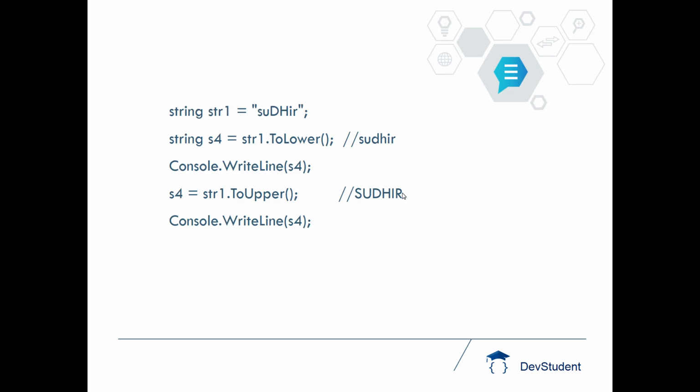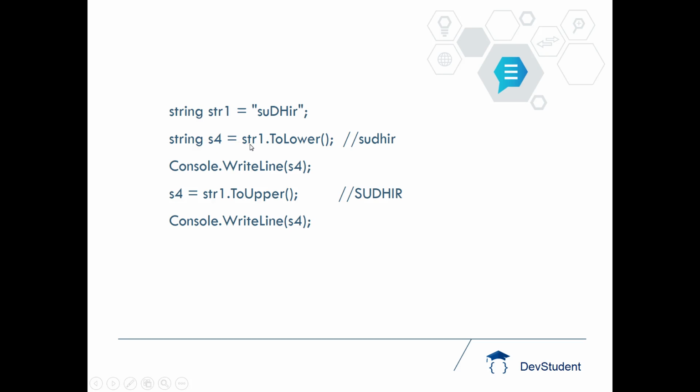Here is an example of how to convert it into lowercase and uppercase. I have a string called str1. It contains the text Sudhir, SUDHIR, in which S, U, I, R are uppercase and DH is lowercase. Now, in the second line of code you can see I have taken a new string called S4.